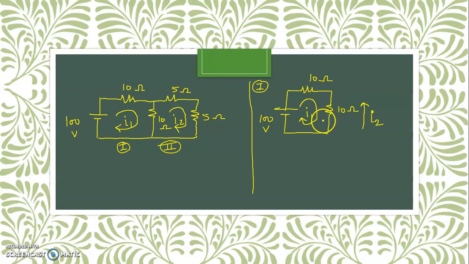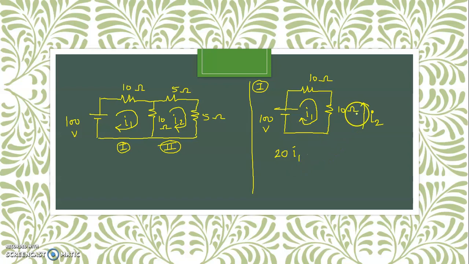So this I1 is passing through 10 ohm and another 10 ohm. That indicates there are two resistances through which the current I1 is flowing. So 10 plus 10 gives you 20 I1, means through a 20 ohm resistance the current which is flowing is I1.